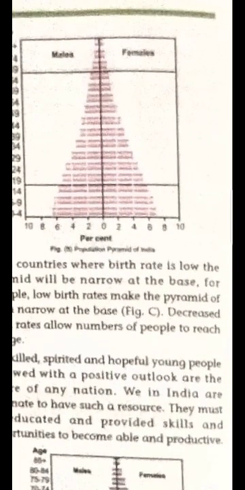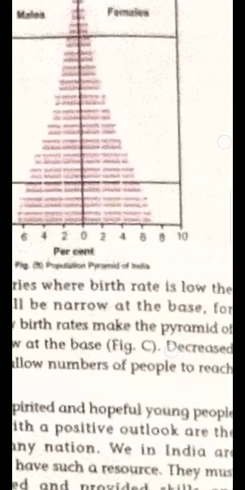Okay, next here comes India, and in India we can see that the birth rate is not as large as that of Kenya, it is reduced. But the working class people, right from the age of 19 to 60, it is narrowing down as it reaches higher up.